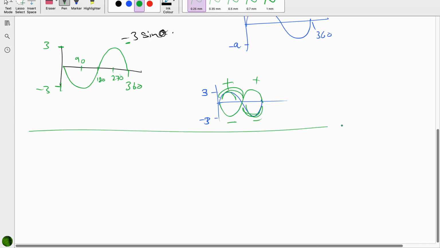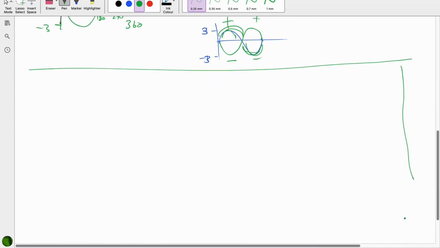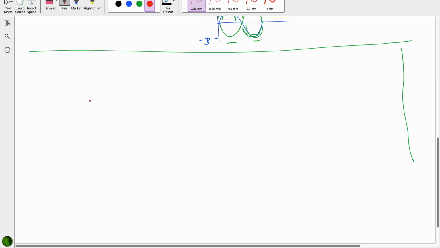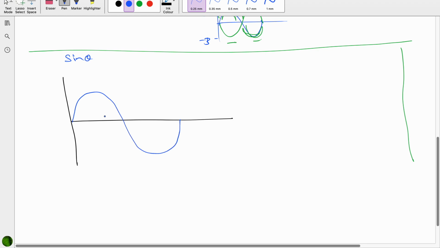Now let's try to draw on one graph. Let's say we have this grid and we draw sine theta. If I say this is 1, this would be -1, and it ends at 360.